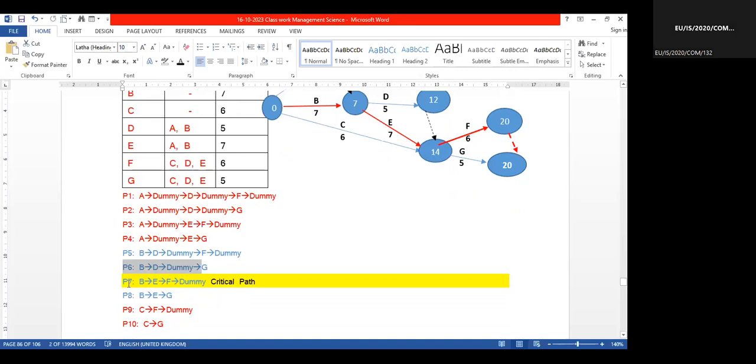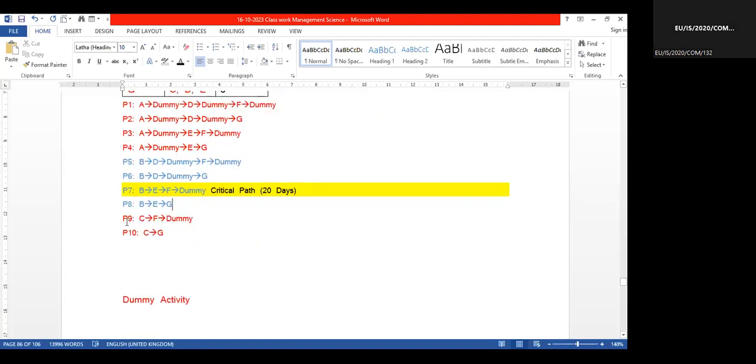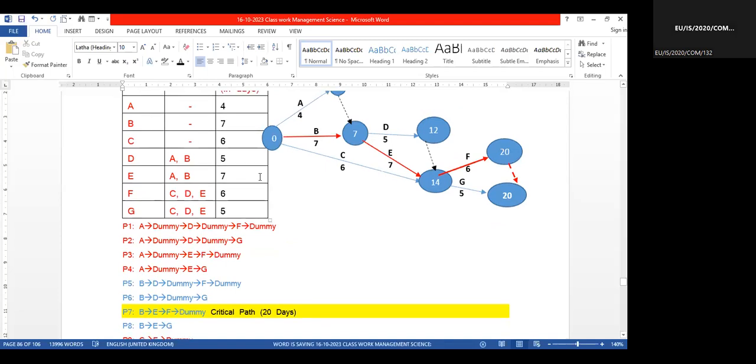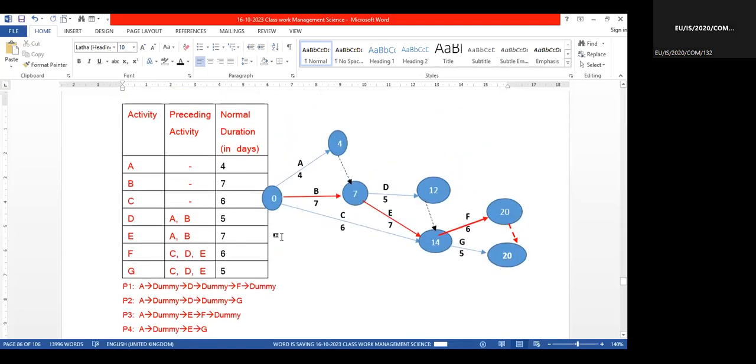Path 7, how many days? 20 days. Path 7 we have already calculated as 20 days, and that is the critical path. Path 8, how many days? Path 9? And path 10? So while coming to the next class tomorrow at 10:30, you have to check that carefully.